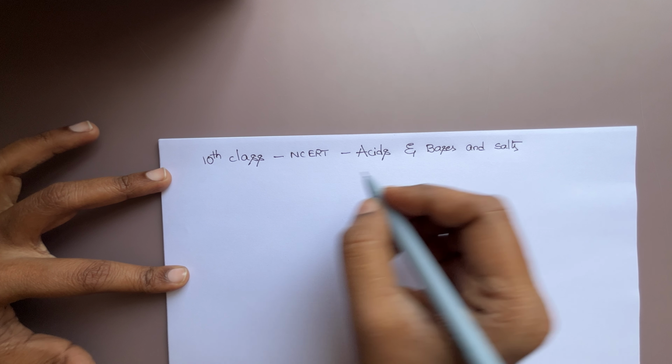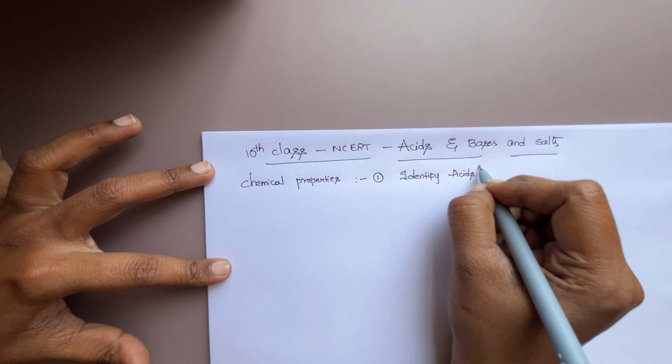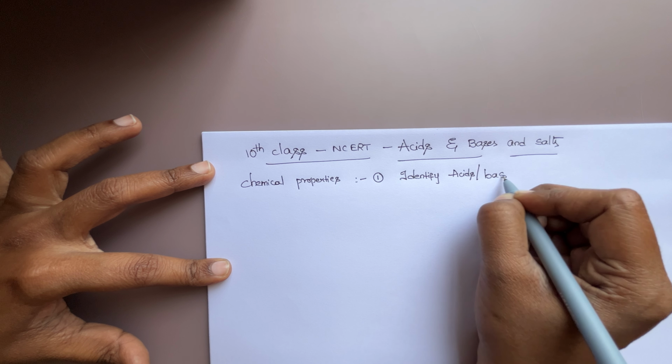In my previous 3 videos, I explained the first chemical property, how to identify acids or bases. Second property, how acid or base react with metals.